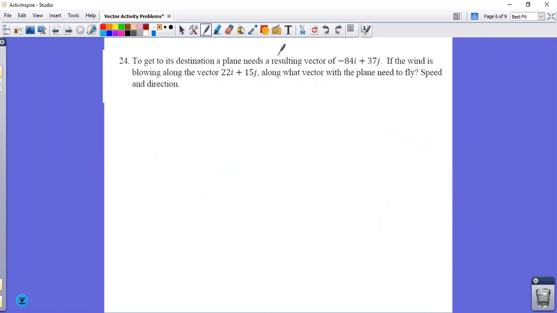So to get to a destination, a plane needs the resulting vector to be -84, 37. So it needs to fly from here to here. If the wind is blowing 22, -15, so the wind is blowing this way, then where does that plane need to fly so that the wind is going to blow it onto the course it needs?